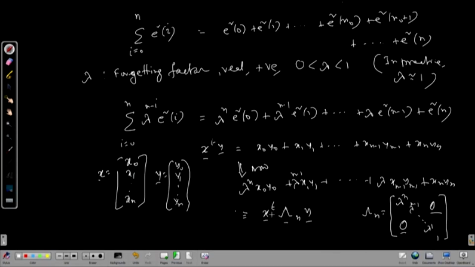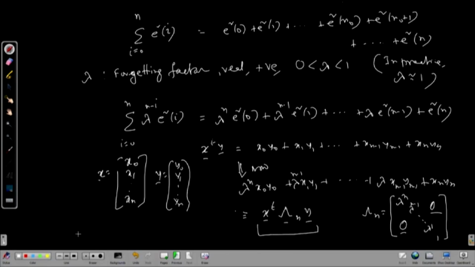Okay. Then x transpose. So you will have x 0 lambda to the power n y 0, that is what you have here, plus x 1 lambda to the power n minus 1 y 1, and so on and so forth. This is the expression. In the case of variance, both x and y are E n vector.